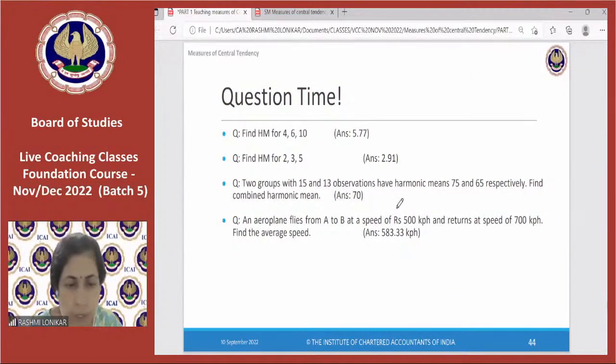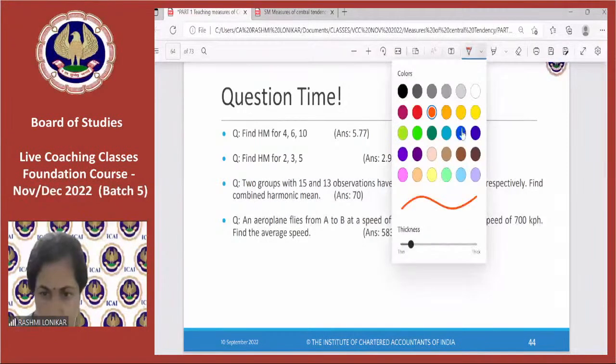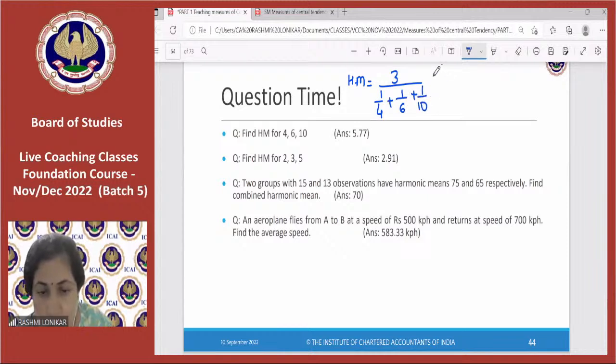Now find the HM for three numbers, 4, 6 and 10. So HM in this case will be how much? Harmonic mean is equal to, how many numbers are there? 3. So 3 upon 1 upon 4 plus 1 upon 6 plus 1 upon 10.